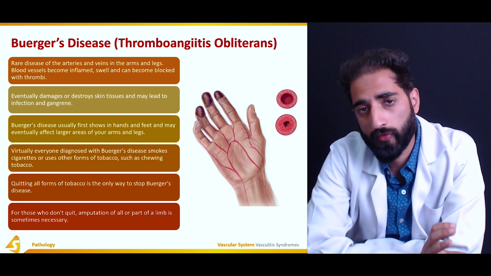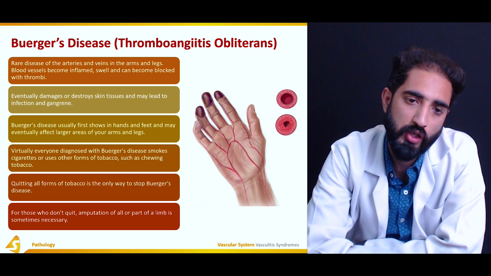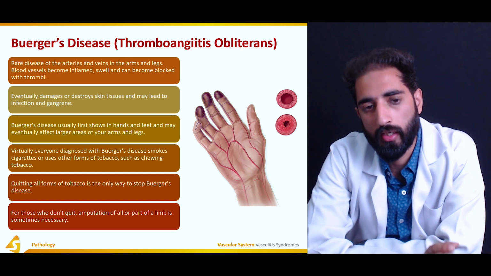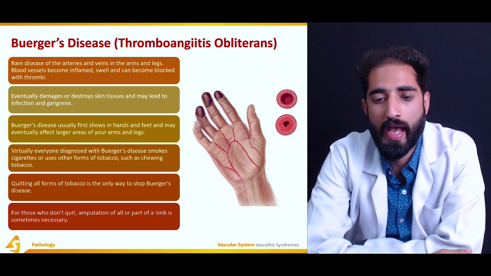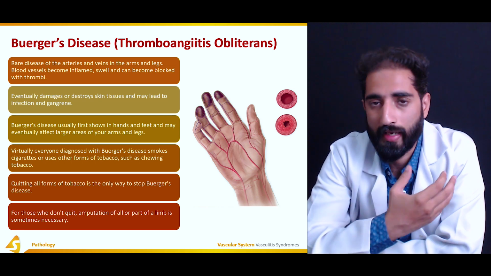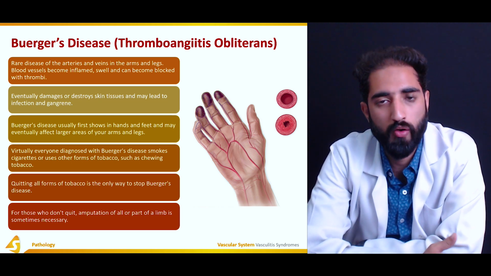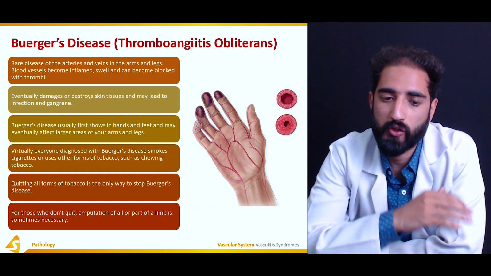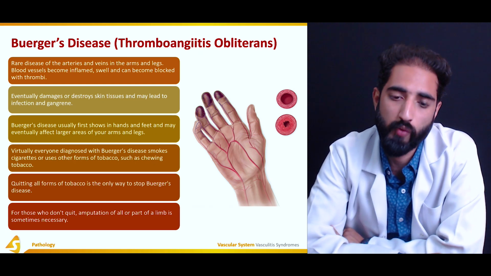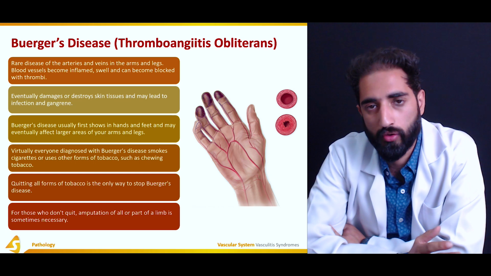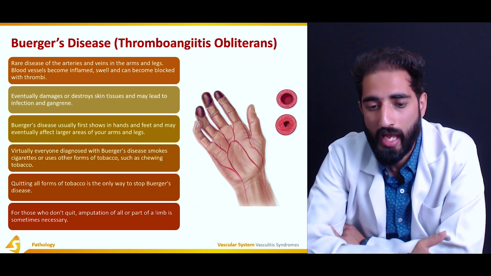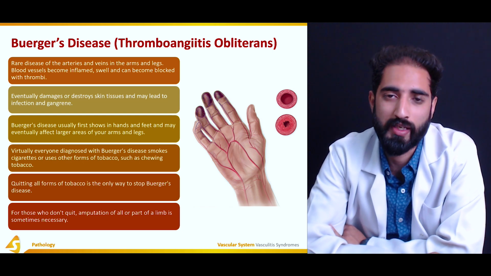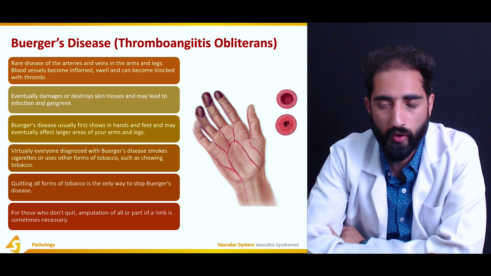One important feature observed in patients with Buerger's disease is that virtually everyone diagnosed with Buerger's disease has an addiction to smoking and tobacco use in any form, or even chewing tobacco, and thus quitting all forms of tobacco is perhaps the only way to stop Buerger's disease. And for those who do not quit or who are unable to quit, amputation of all or part of a limb is sometimes necessary. So it is very important to stay away from tobacco consumption.